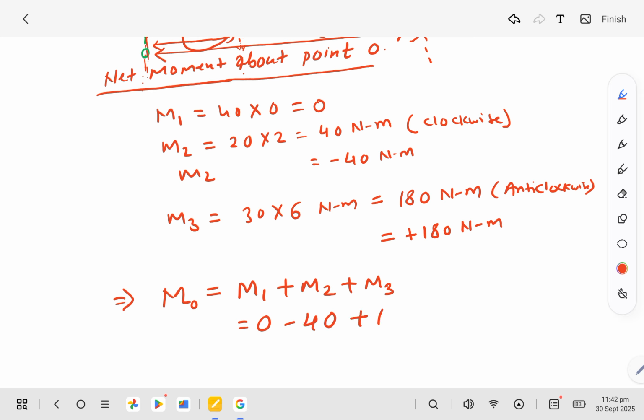This is anti-clockwise, so with the sign convention this is 180.